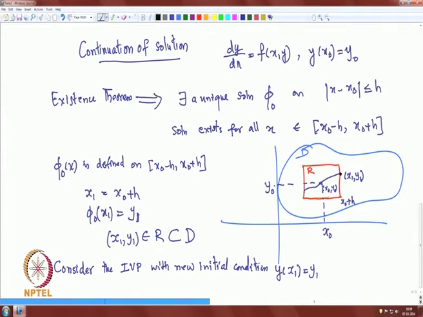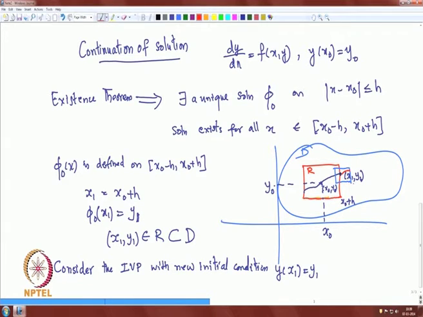That theorem says that we can find another rectangle such that x1, y1 is a point inside the rectangle, and continue the solution, or get a solution, to a new point.